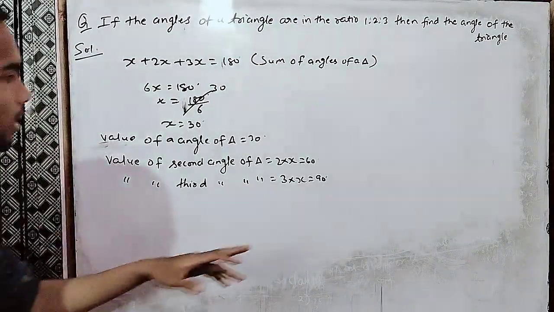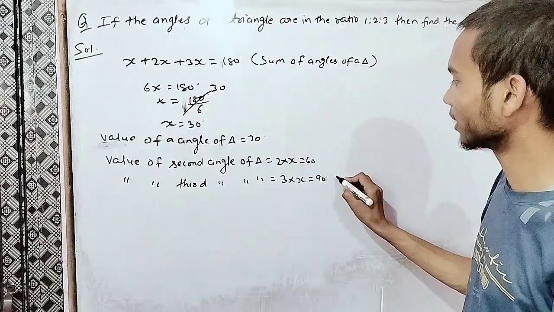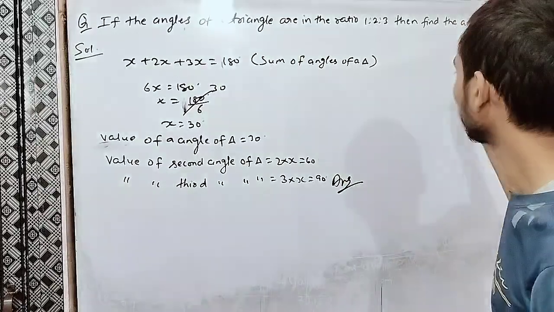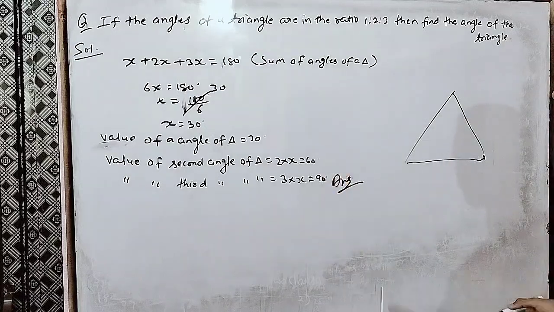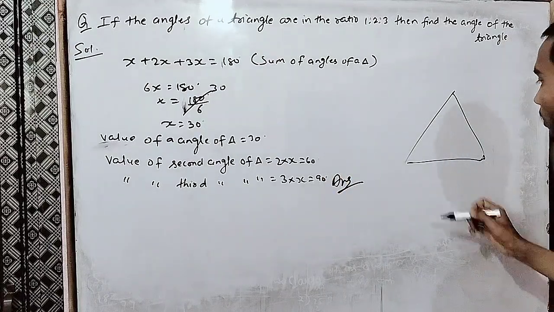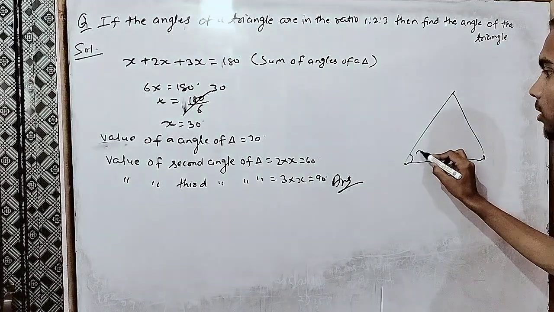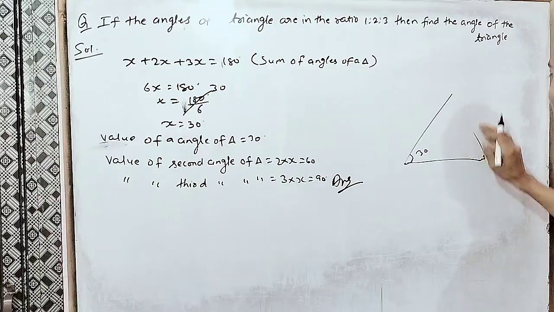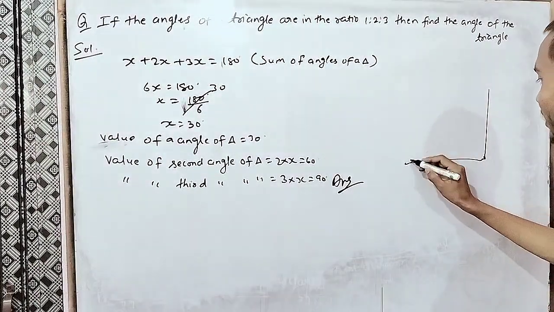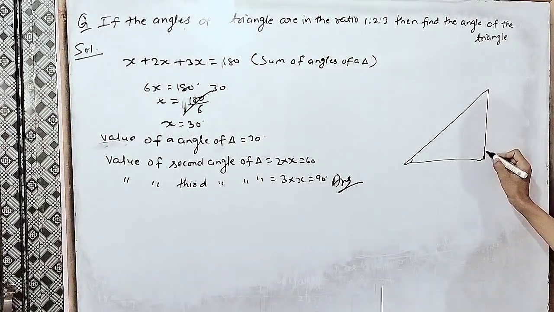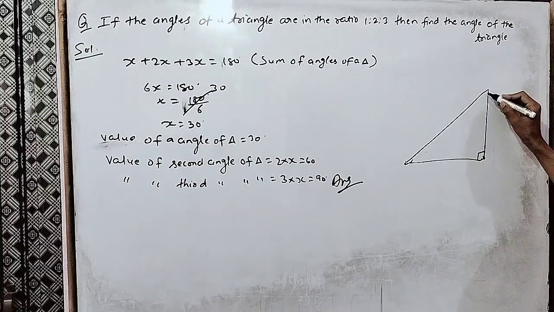Now you can check: 30, 60, 90, sum is 180. You can draw the figure, but this is not the exact figure of these given values of each angle of a triangle. Okay, so we are clear. This is 90.